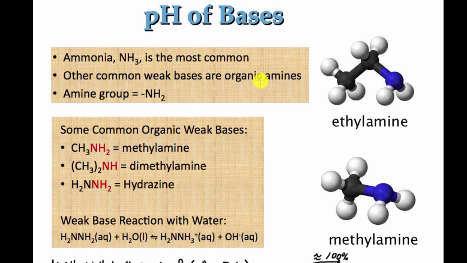In organic chemistry, you can take a hydrocarbon. Let's say you have something like carbon with 4 hydrogens around it. You have hydrogen here and here and here. So this would be methane. What you can do is chop off one of those hydrogens, and stick on here what's called an amine group, which would be a nitrogen with 2 hydrogens on it.